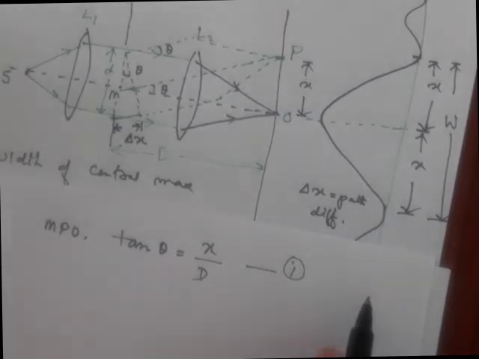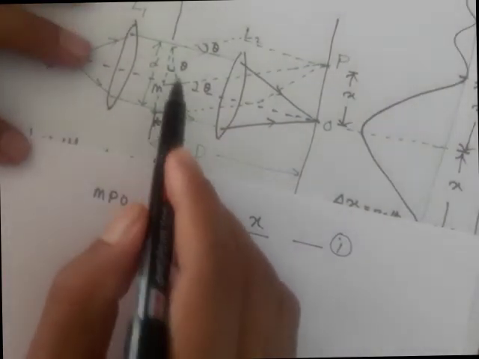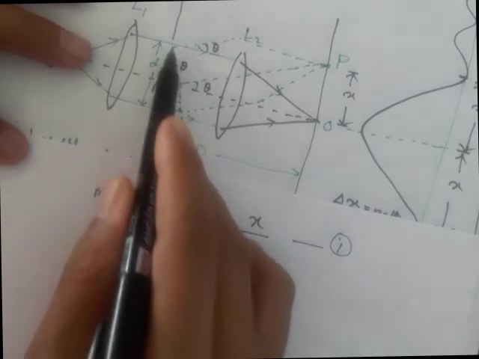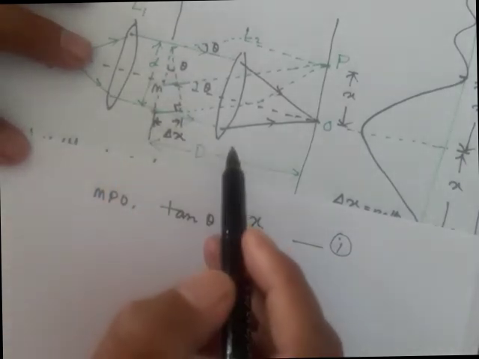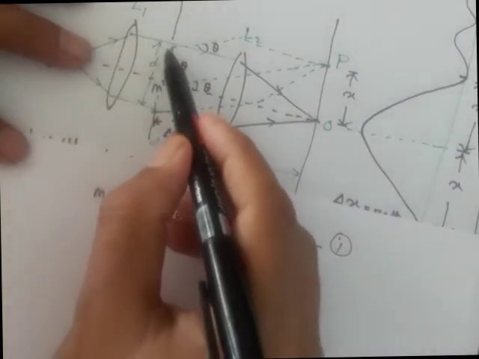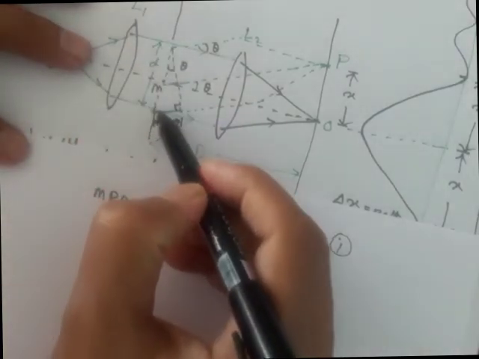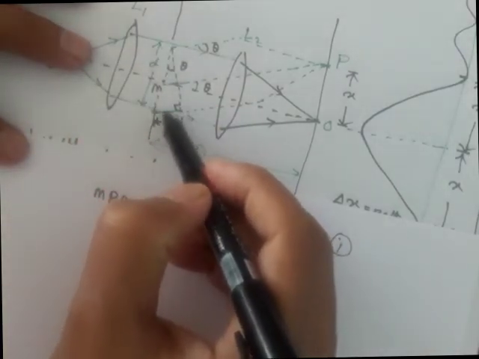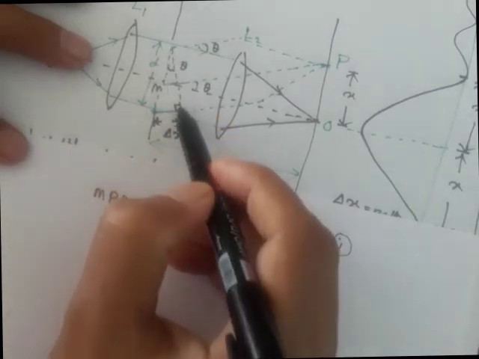And you have another triangle here, the smaller one. In this small triangle, this is the 90 degree, and the hypotenuse is D. This is the perpendicular, and this is the base.